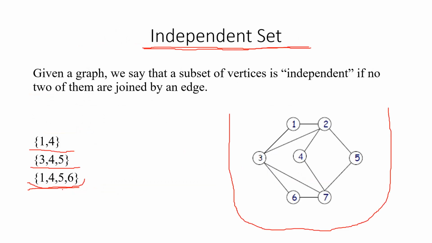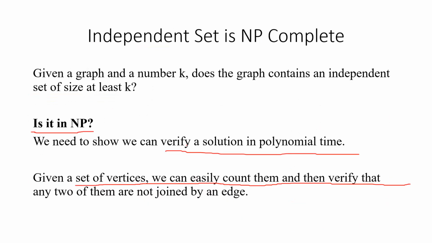So for example here, let's say that we are given this solution and this graph, and in order to verify that this solution is correct, we just take every two vertices and check whether there is an edge between them, and after that we can verify that the solution is correct. So checking the answer takes polynomial time complexity. This step is very easy.